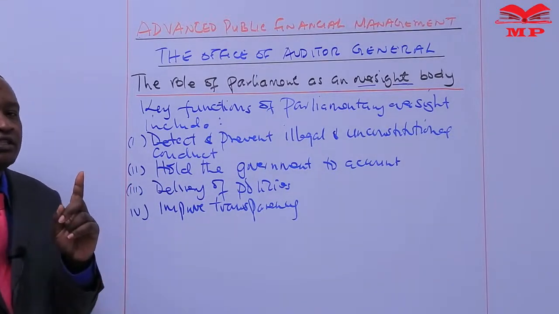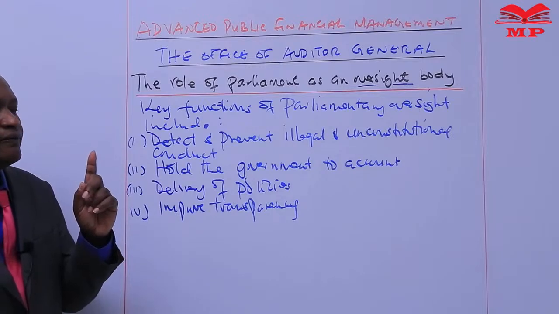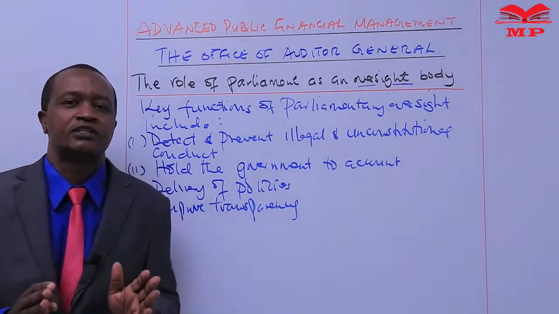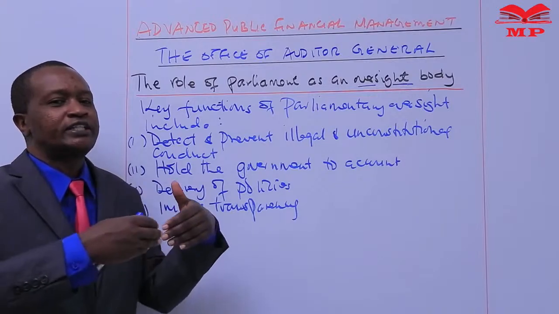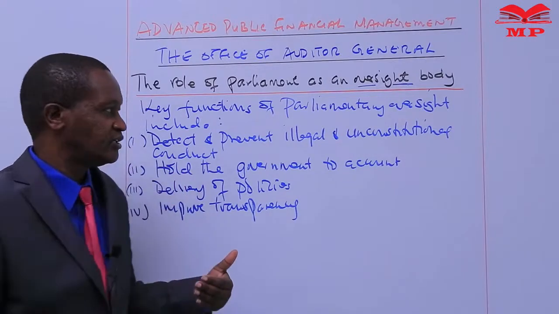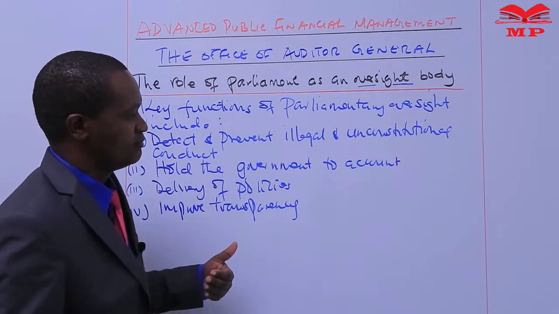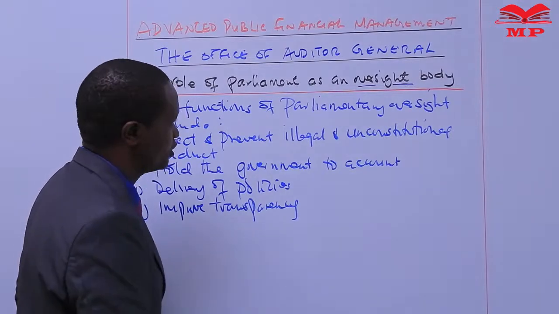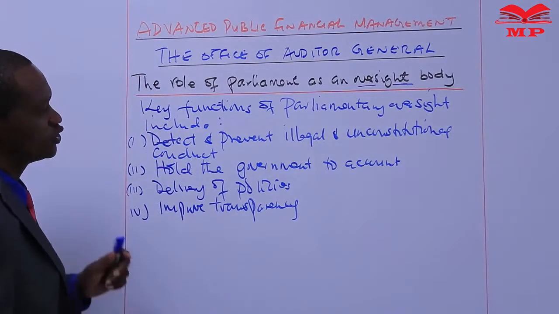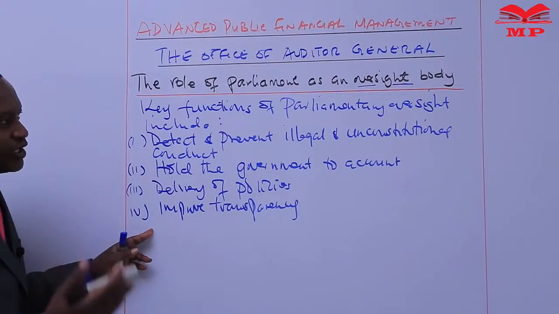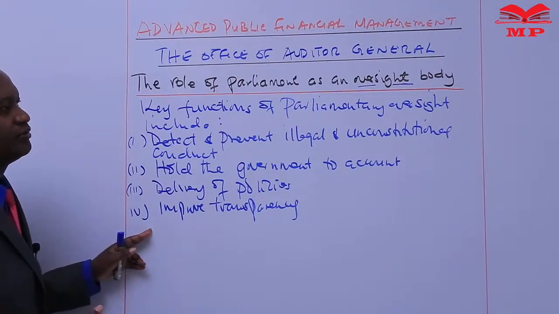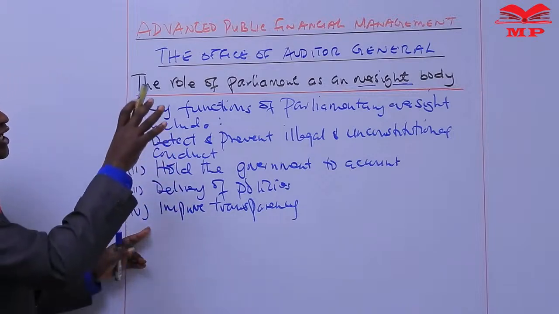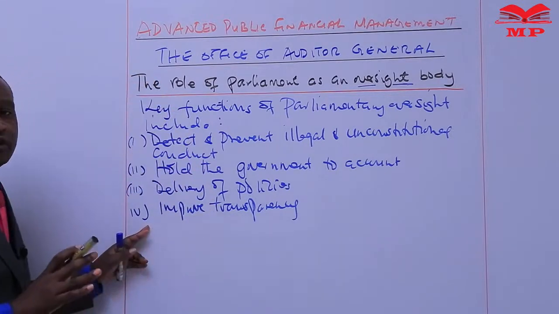And the typical powers, candidates, for democratic oversight may include, because it's important, candidates, for us to note down the powers that the parliament should have in order to carry out these functions.